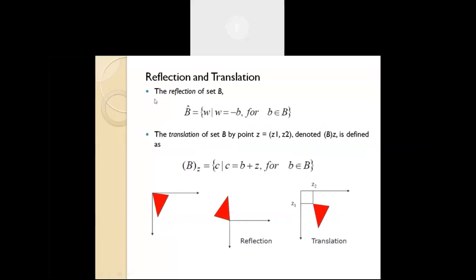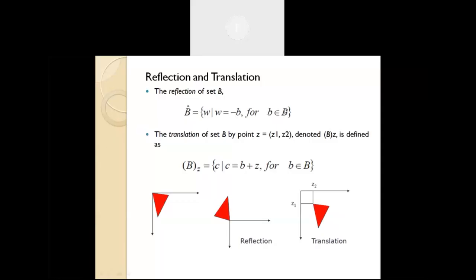Now let us try to understand a few more terminologies, that is reflection and translation. The reflection of a set B, which is designated as B tilde, is the elements W such that W is equal to minus B. That means all the elements of B are multiplied with minus 1.